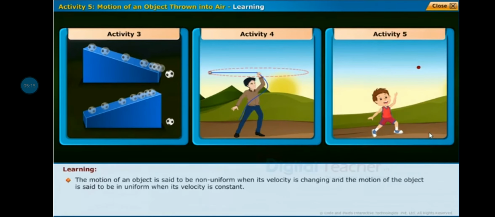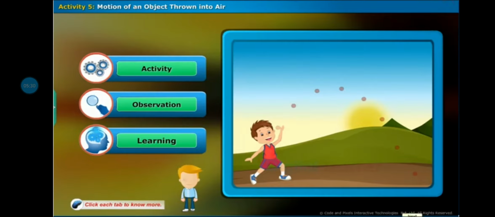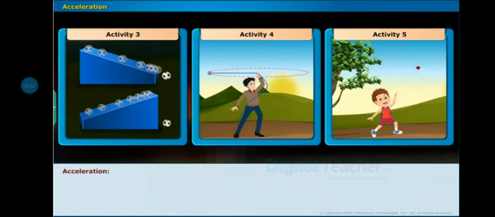The motion of an object is said to be non-uniform when its velocity is changing, and the motion of an object is said to be uniform when its velocity is constant. I hope the activity is clear.